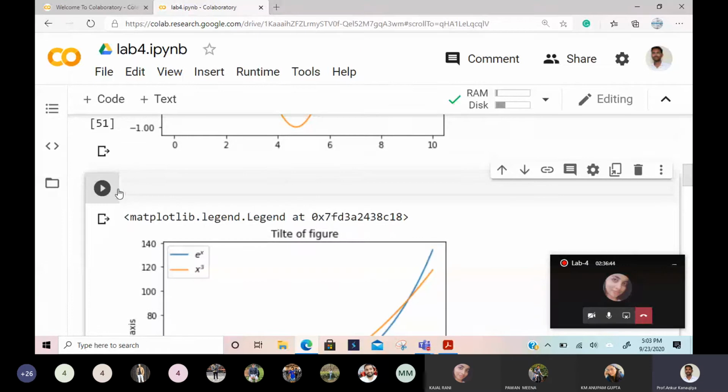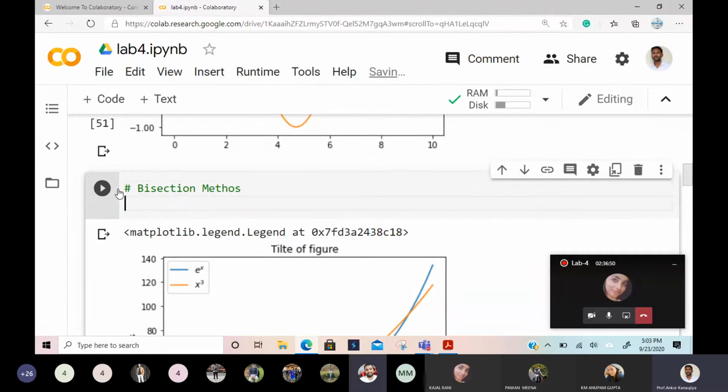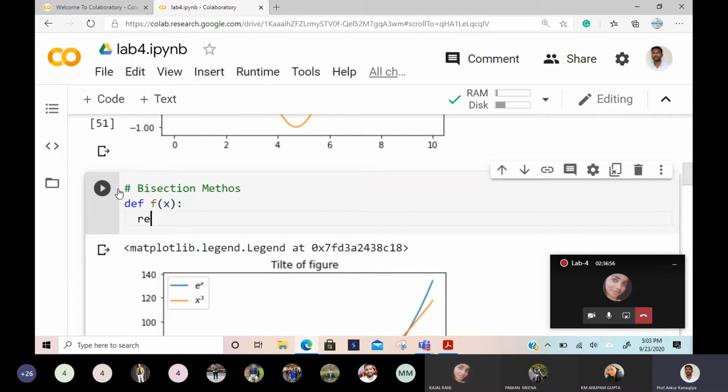First we need the function, so I will define the function f of x. I already told how to define it: return e to the power x, np dot exp, this is the exponential function, minus x by 5 minus np dot sin x.